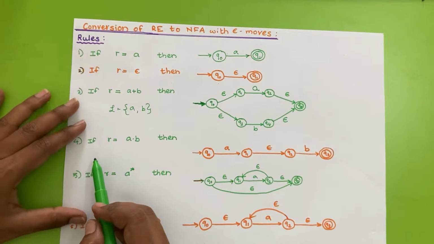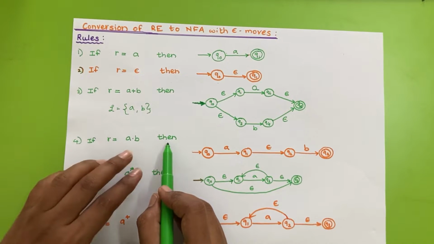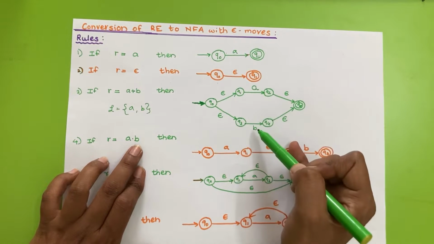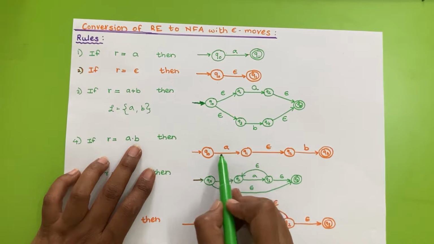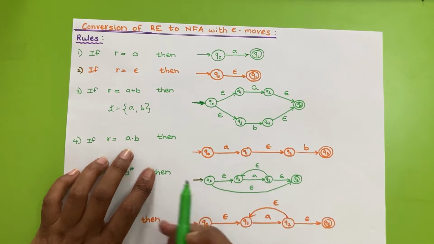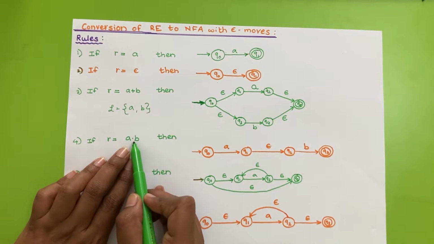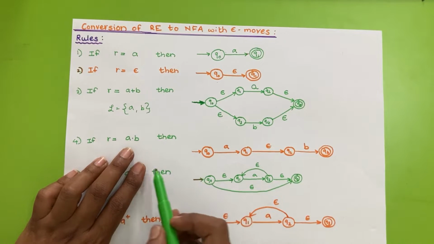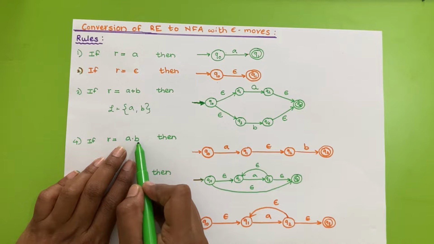Next, if we have the regular expression R equals A dot B, first we draw the diagram for single A and single B following the first rule. Now we want to connect these with the dot, or concatenation, operator. By following the rule, first we want A, after that B will be concatenated.